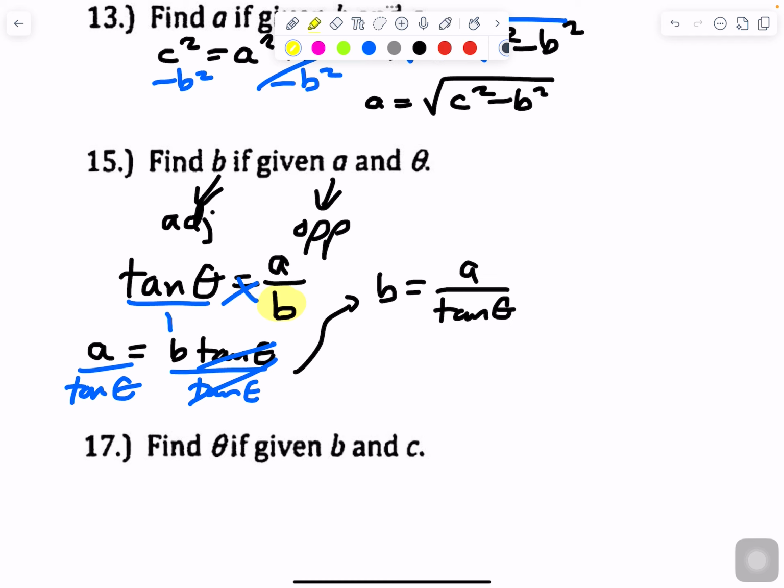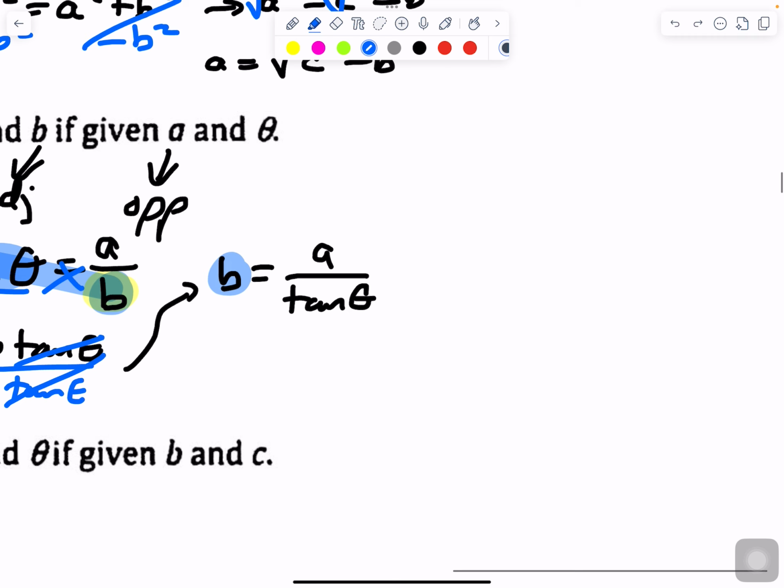Now, if you look at what really happened, B and tan theta have just swapped spaces. That is the shortcut that we can do. It's called the switcheroo.